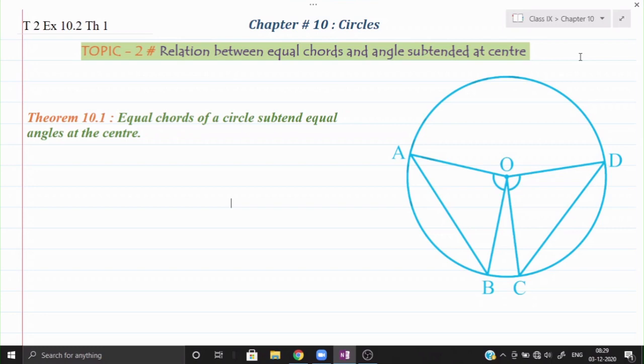However, we are given that chord AB and chord CD are equal. So first of all we will write down the given things.